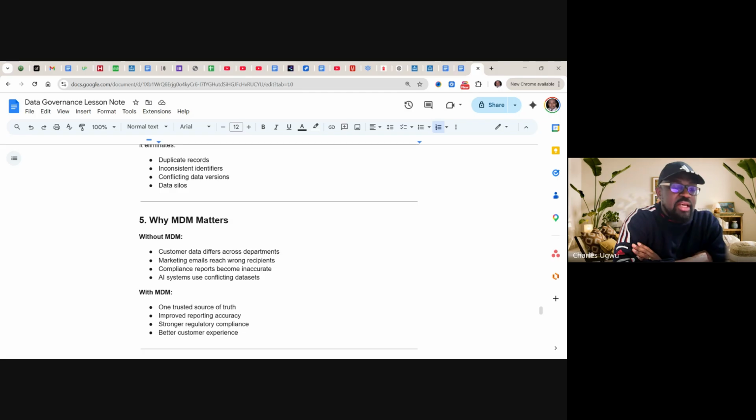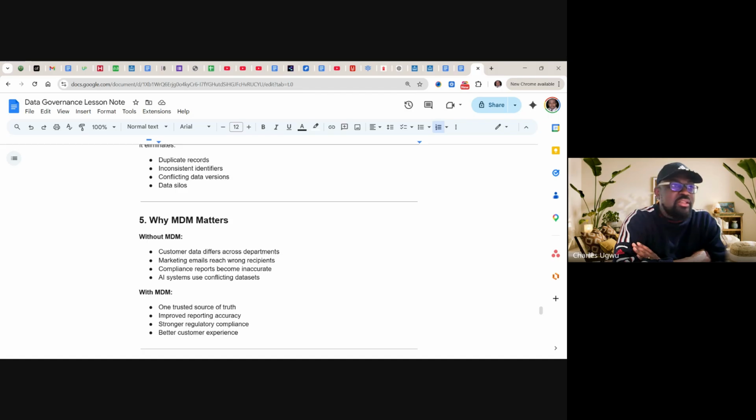Without master data management, marketing email reaches wrong recipients. Compliance report becomes inaccurate. AI system uses conflicting data sets. But when we have master data management, one trusted source of truth, because all the data sets we have in finance is the same thing we are seeing in marketing.